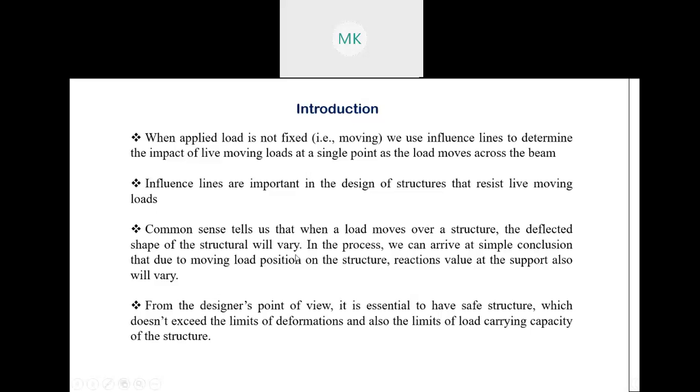So in the process, we can arrive at a simple conclusion that due to the moving load position on the structure, the reaction values at the supports will also vary. I think all of you understand this, because if the load is moving from one point to another, we can simply say that as per the load, the reaction, the shear force and the bending moment will also vary.